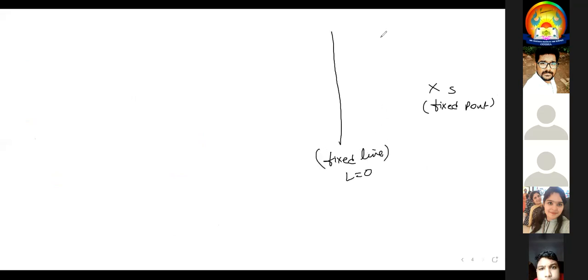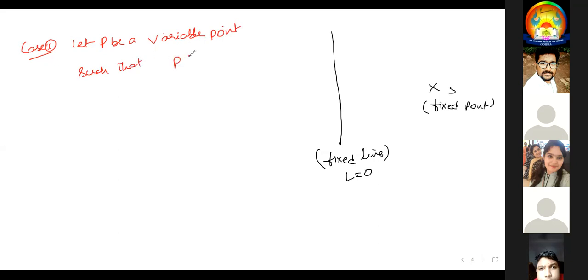Case 1. Let P be a variable point such that P is at equal distance from S and the line L equal to 0.